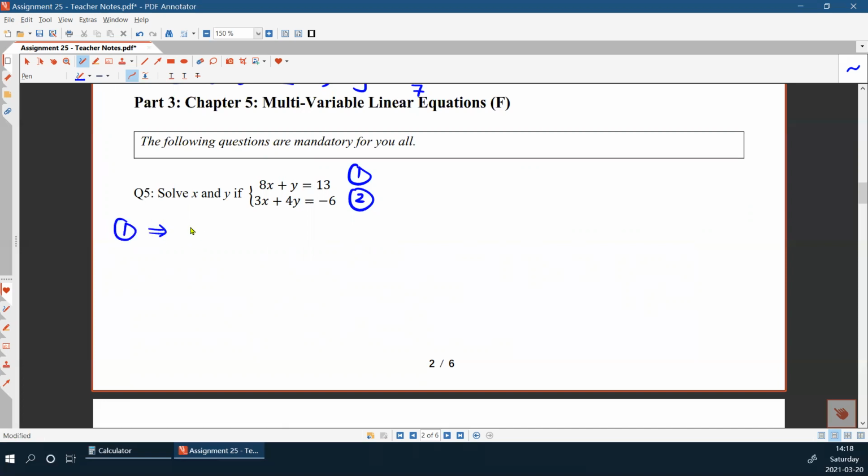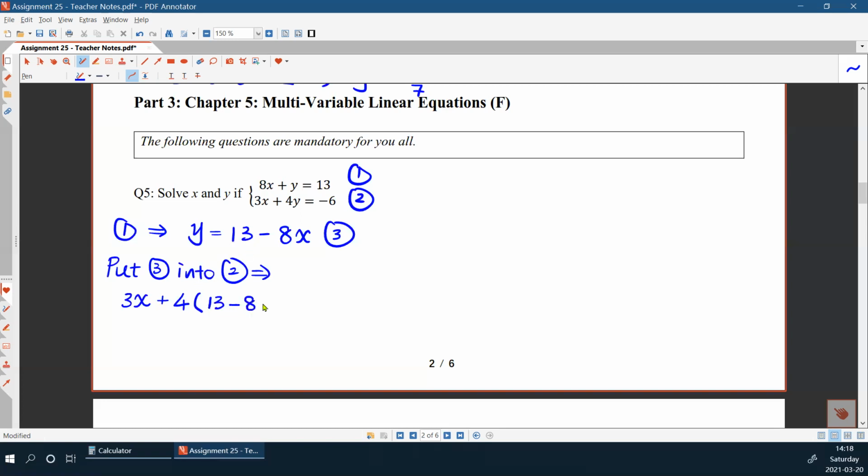From equation 1, we can get y is 13 minus 8x, right? So let's call this 3. Then we can put 3 into the other equation, which is 2. This way you will get 3x plus 4y. 4y means 4 times 13 minus 8x. And this is minus 6, right?